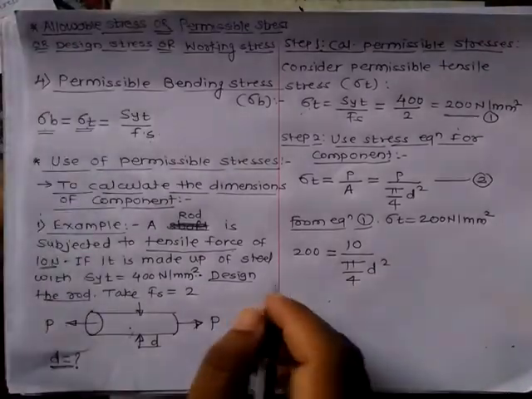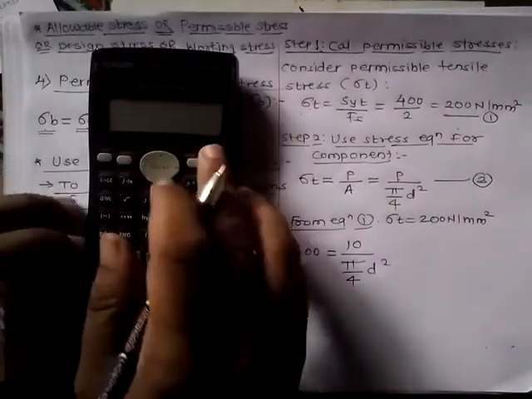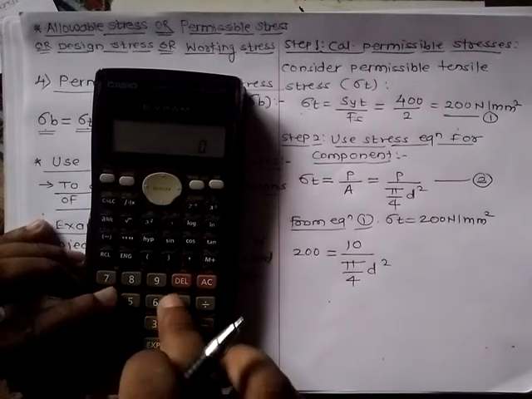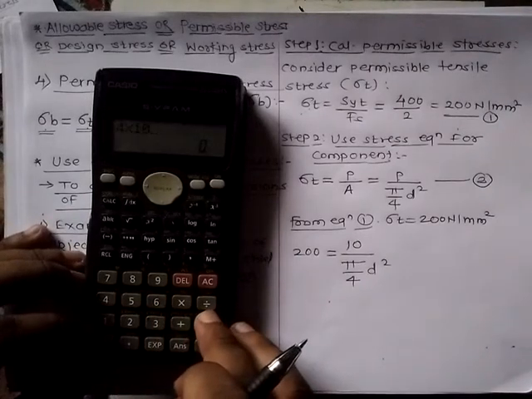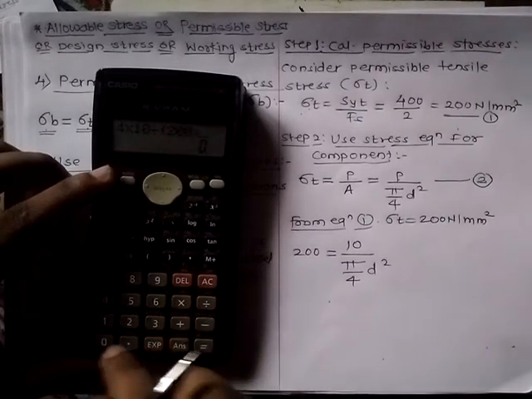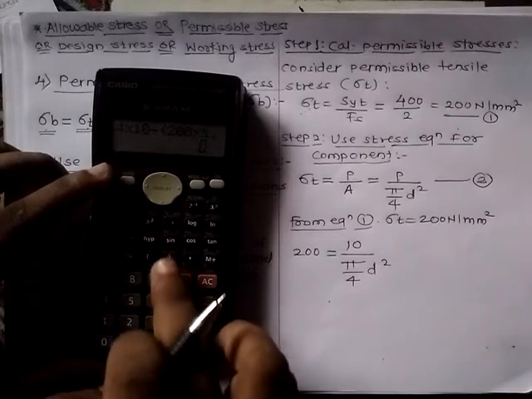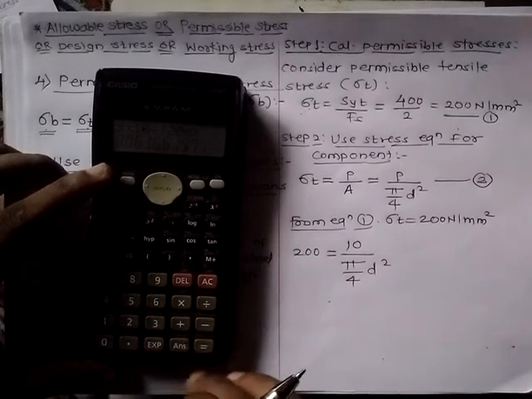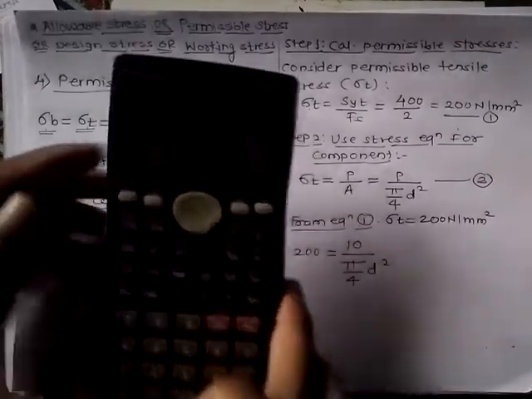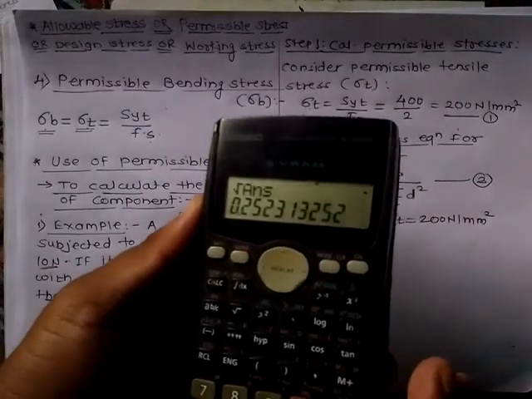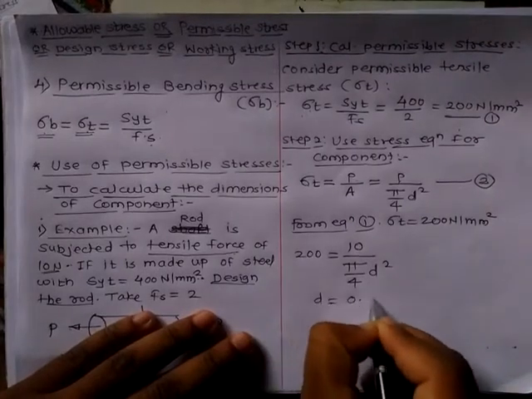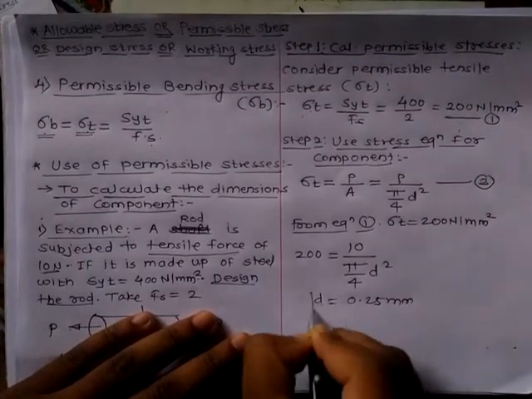If you calculate this, we can get the value of d. So d is equal to the square root of 4 into 10 divided by 200 into pi, and this answer is 0.25 mm. So d is equal to 0.25 mm.